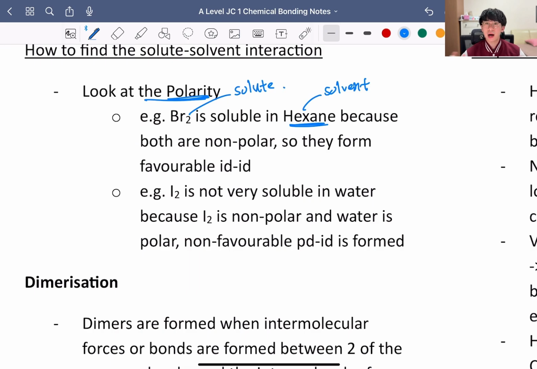And both are non-polar molecules, so they would form very favorable dispersion forces between each other. And because you form favorable dispersion forces, it will produce enough energy to overcome the interactions within the bromine, which is the solute-solute interaction, and the hexane, which is the solvent-solvent interaction.